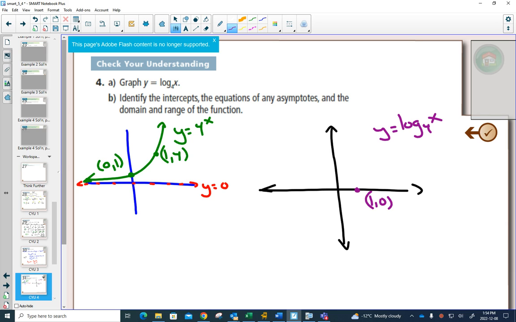And if your exponential graph had (1, 4), does it make sense that your log graph with the base 4 would have (4, 1)?